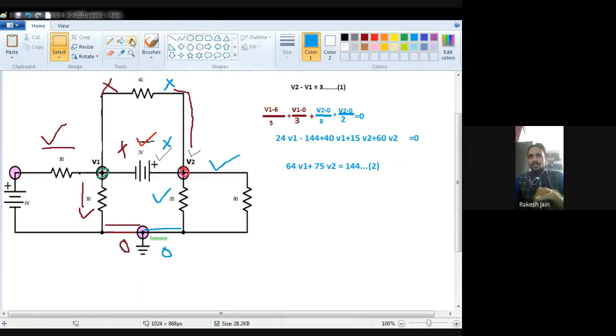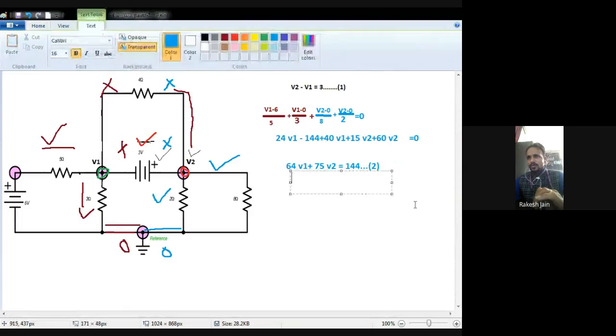So just to multiply this equation number 1, first of all we write down this equation number 1 such that V1 will be the first value and V2 will be the second value, so we can easily sort them out.